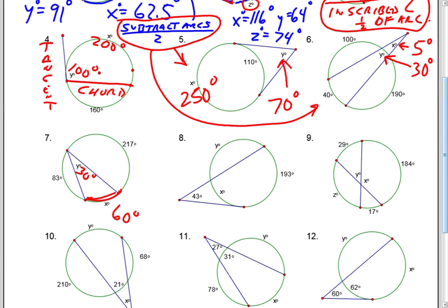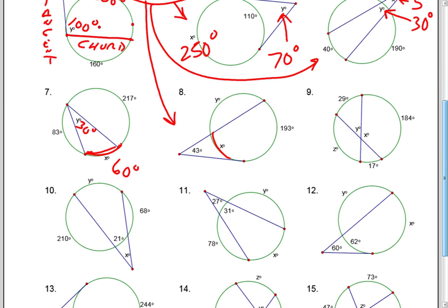Does everybody understand where the 60 and the 30 came from? Yes. More subtracting arcs. But I've got to know what this arc is. Oh, actually, I've got the angle first, so I'm working backwards. I'm still subtracting arcs. I'm still doing 193 minus the other arc.